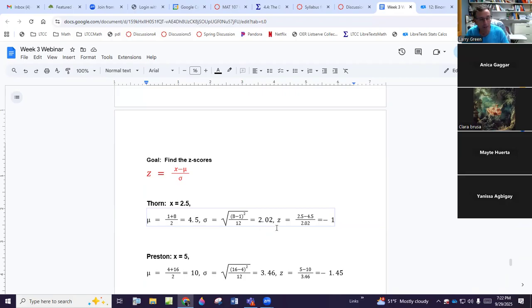Okay, so now we can calculate the z-score. The z-score is x, which is 2.5, minus mu, and mu was 4.5, divided by sigma, and sigma was 2.02.